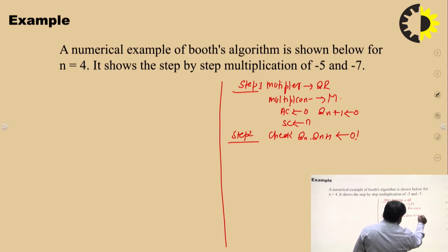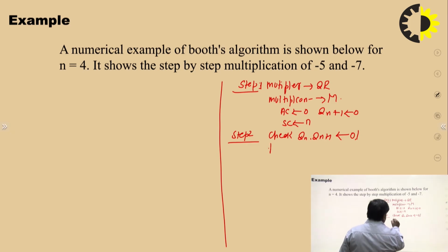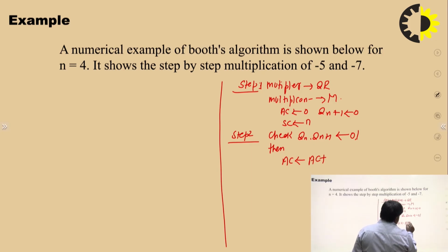If it is 0, 1, then AC plus M, and SC is equal to SC minus 1, and arithmetic shift AC and QR.